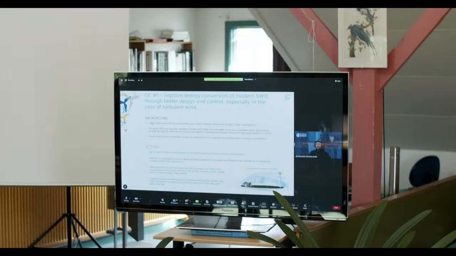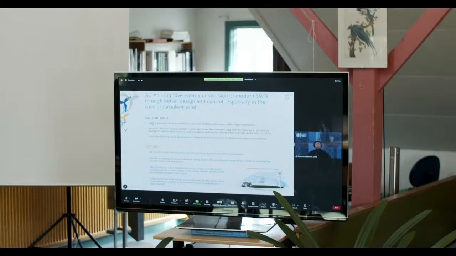The background is that, as we have said, small wind turbines traditionally did not receive the same level of design refinement, very often to keep the cost low. And also, they are typically installed in areas that have lower winds and more turbulent and gusty oncoming wind. So maximizing the energy harvesting in these cases is not easy, and that's why many wind turbines have been shown to underperform in comparison to expectations.